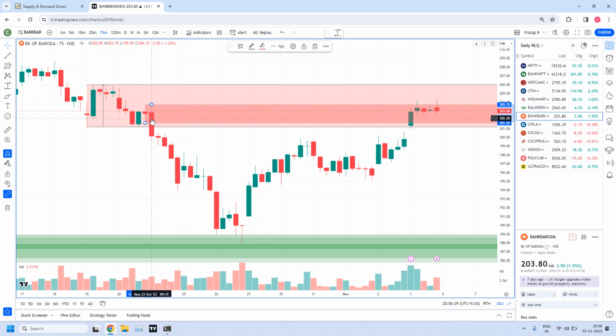Those people who have taken a trade in this zone without knowing these points, your trade would have been stopped out today. Your stop loss might have been triggered somewhere here.